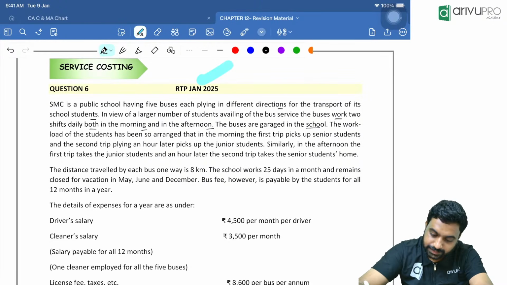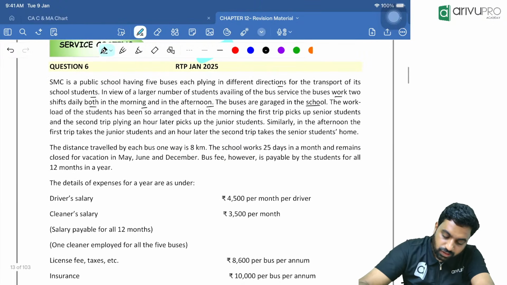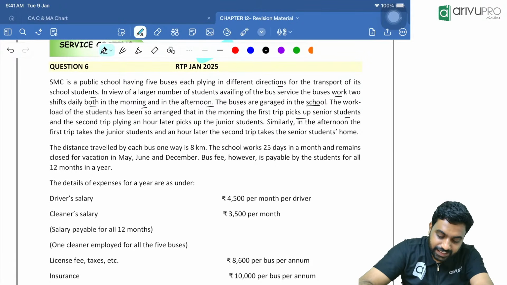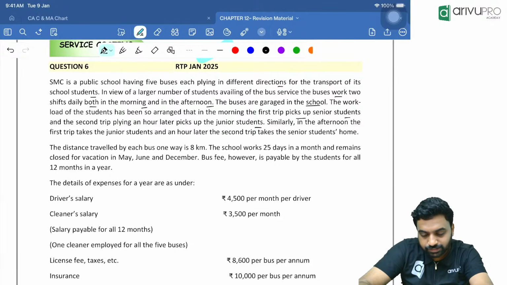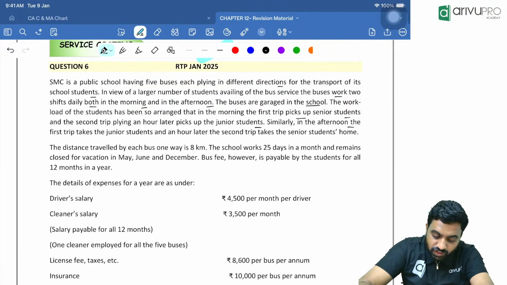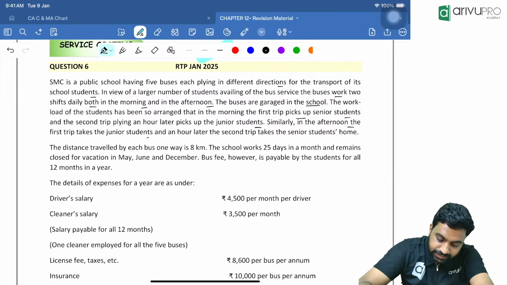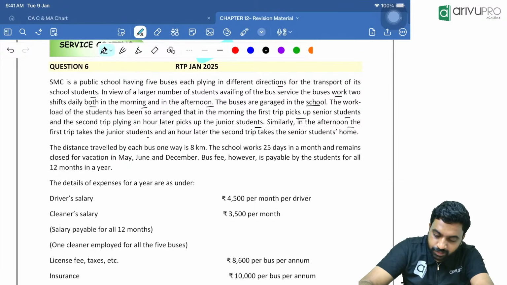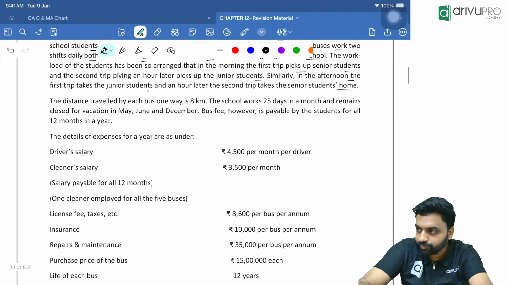The workload of the student has been so arranged that in the morning the first trip will pick up the senior students, and the second trip, which is after an hour, later picks up the junior students. Similarly, in the afternoon, the first trip takes junior students and an hour later, the second trip takes senior students home.